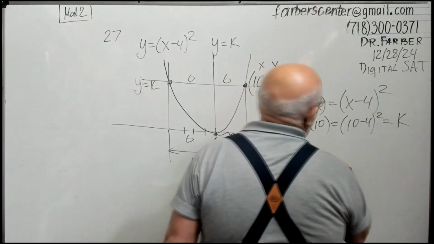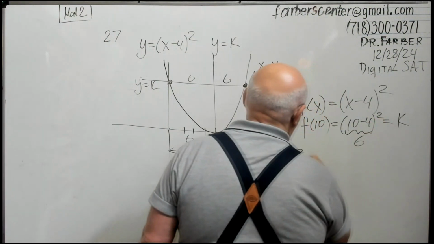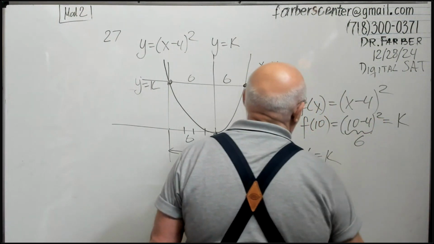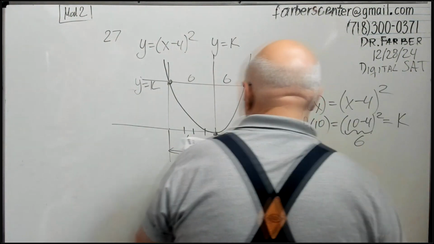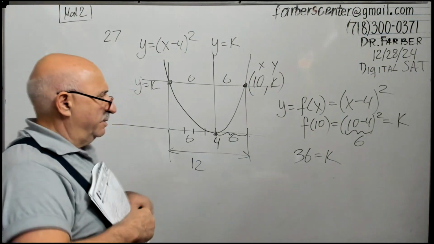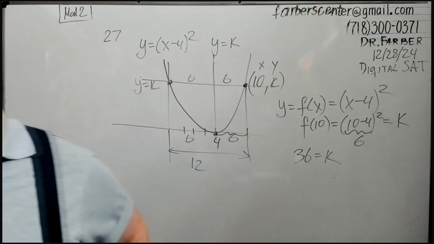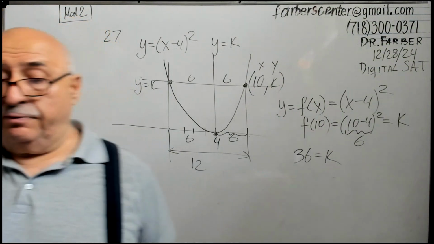And 10 minus 4 is 6. 6 to second power 36 equals k. Let's see, what is value of k? 36. Again, one picture is worth 1,000 words. You make a sketch and it will be easy for you.